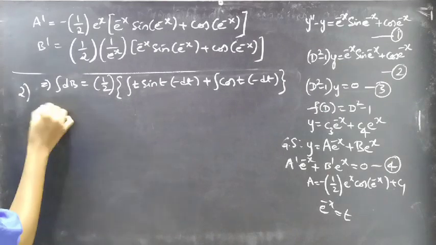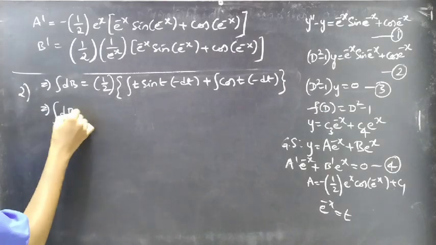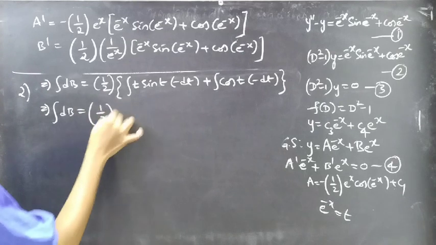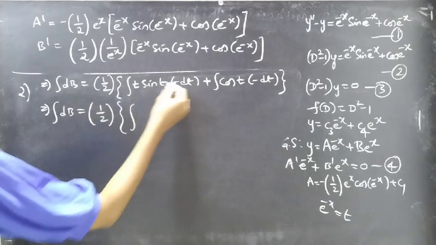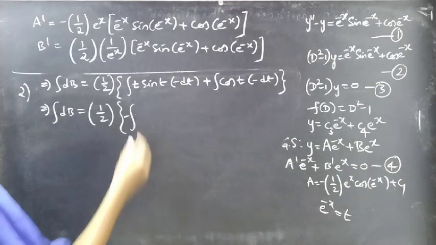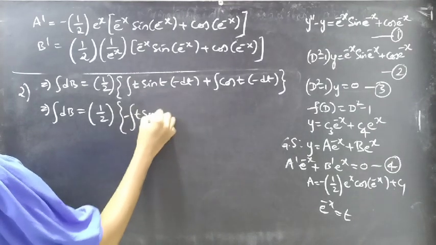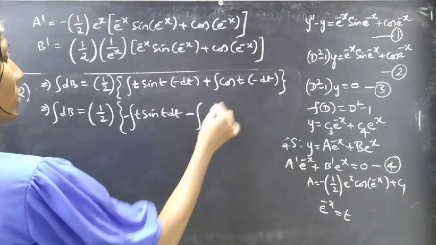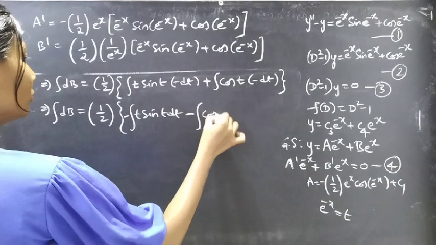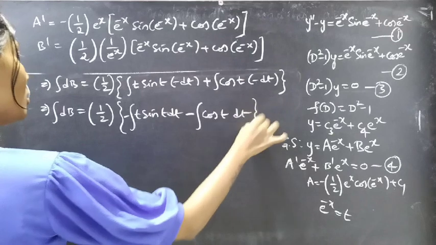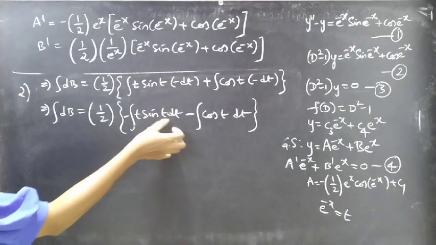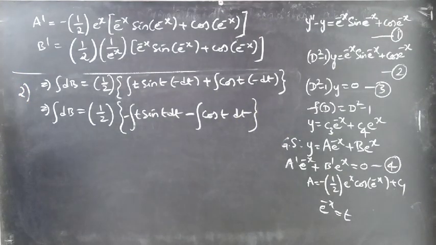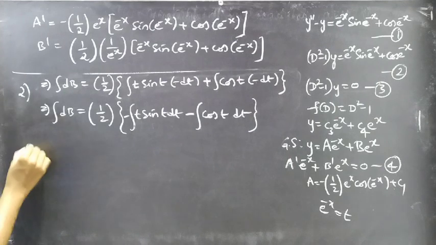This gives us integral dB equal to 1 by 2 into minus integral t sine t dt plus minus minus integral cos t dt. So here we are having integral t sine t dt, right? So let's evaluate this separately for our convenience.